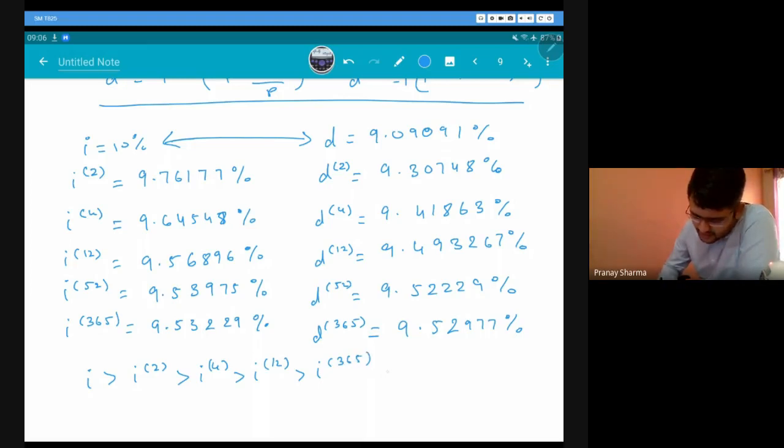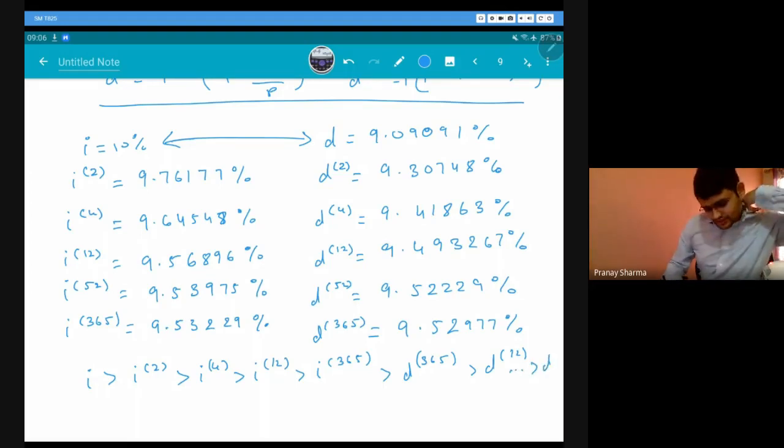I365, and then this is greater than our D365, greater than D52, or I'll just write D12, and so on till the last will be our D. You can see this trend. This will be true for any rate of interest or any value. This will always be true.